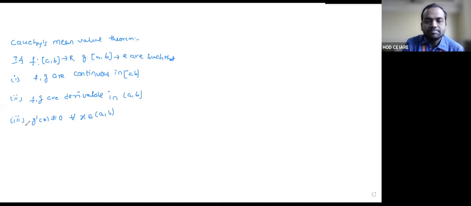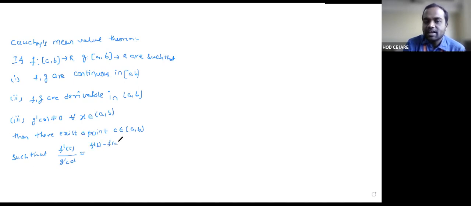Then there exists a point c belonging to the open interval (a, b) such that f dash of c by g dash of c is equal to f of b minus f of a by g of b minus g of a.